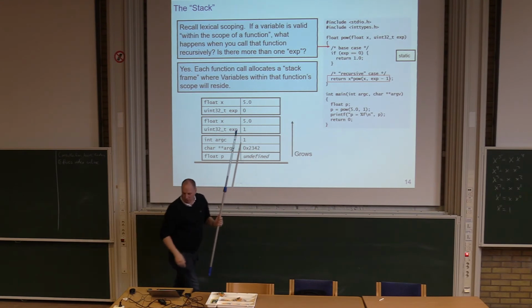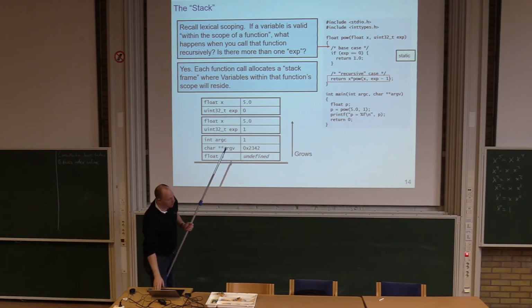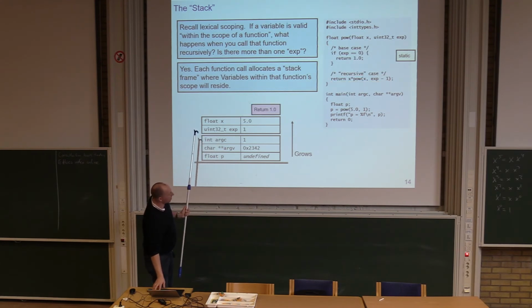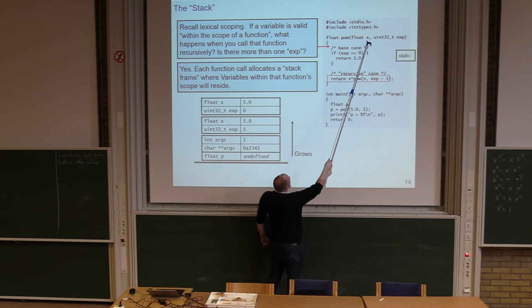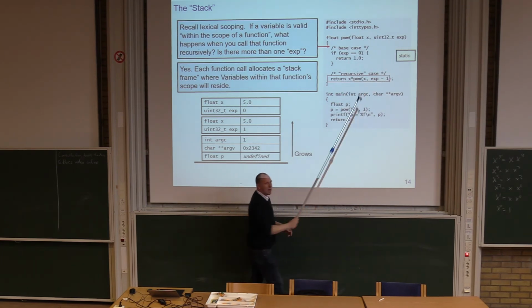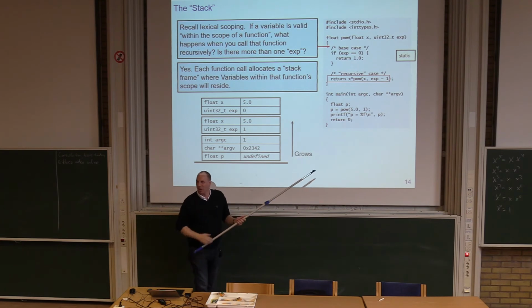To return 1, as you see here, when we return from this function, x and exp will go out of scope, and we will instead put the return value on top of the stack.